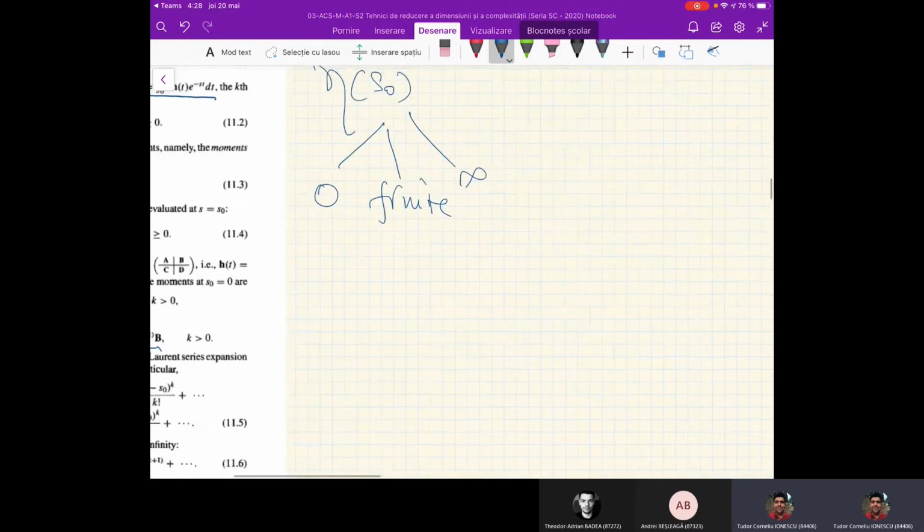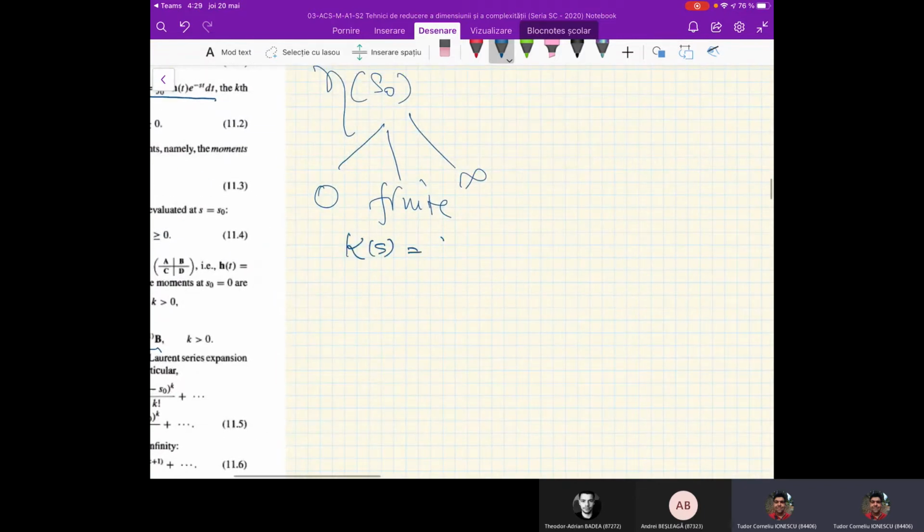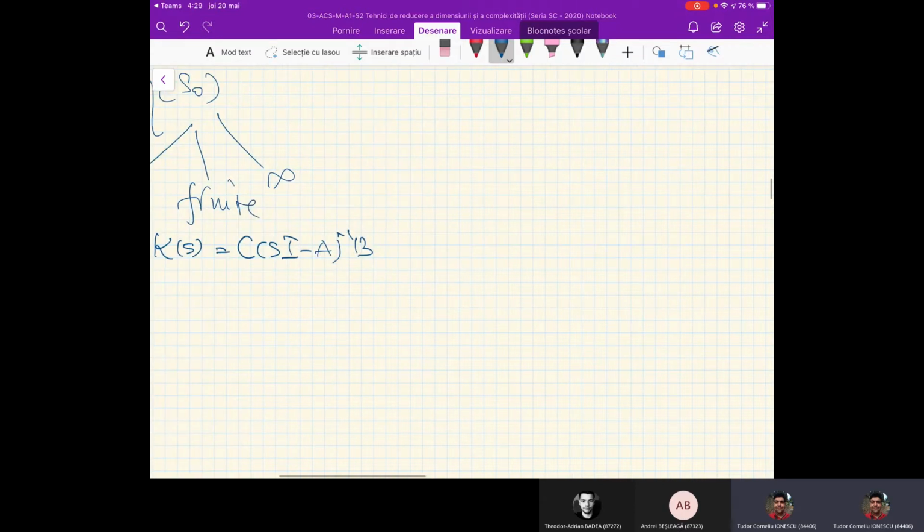So essentially, you get a transfer function K(s) = C(sI minus A) inverse B. Because the singularities are in a countable set, it's analytic in C minus the eigenvalues; this is from complex analysis.